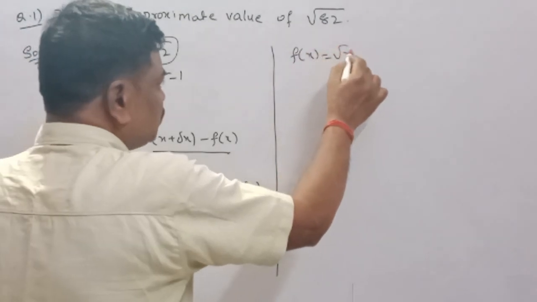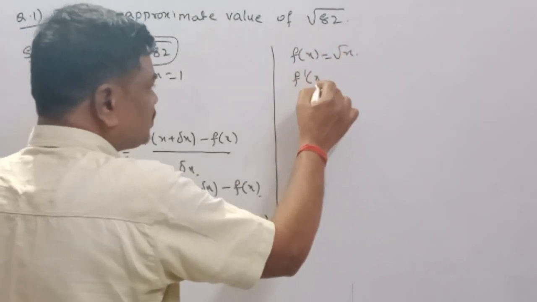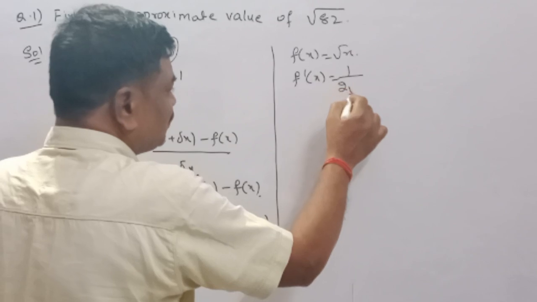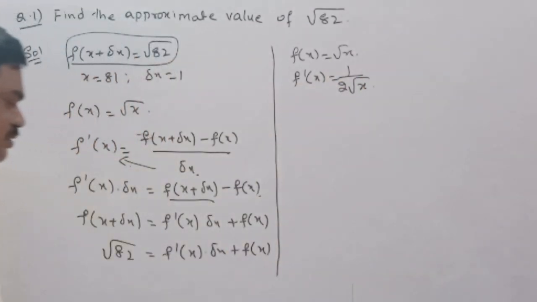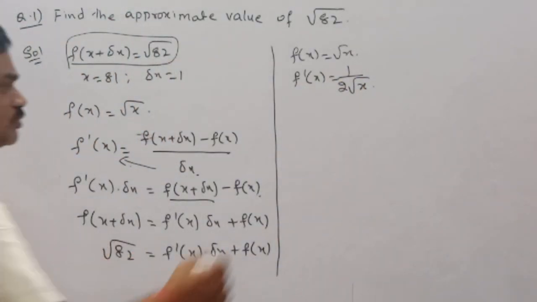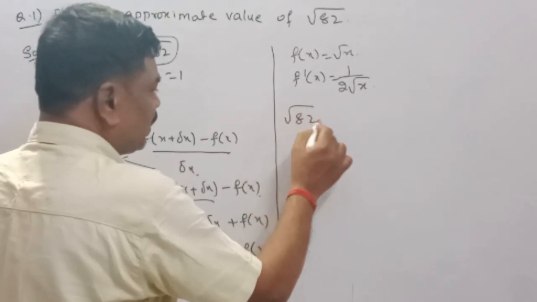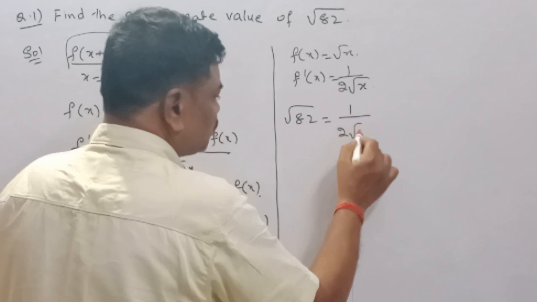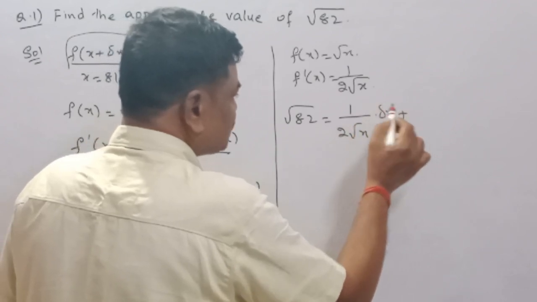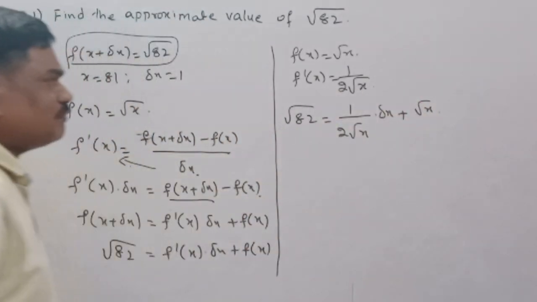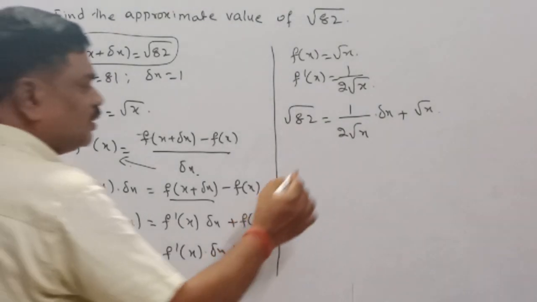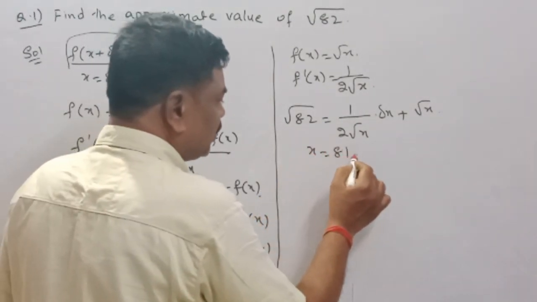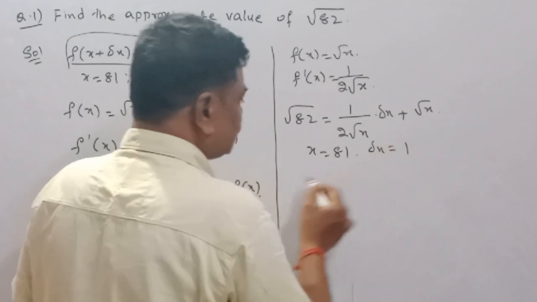Here f of x is root x, and f dash of x is the derivative of this, 1 by 2 root x. You substitute: root 82 is equal to 1 by 2 root x into delta x plus root x. Here x is equal to 81 and delta x is equal to 1.